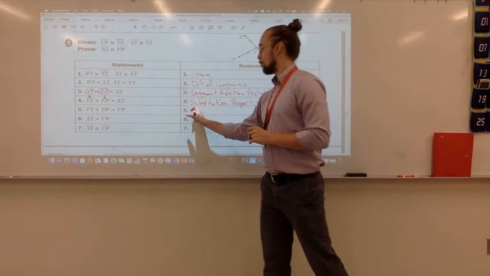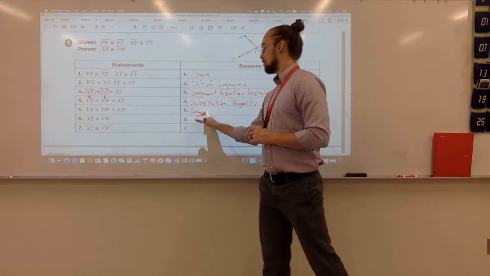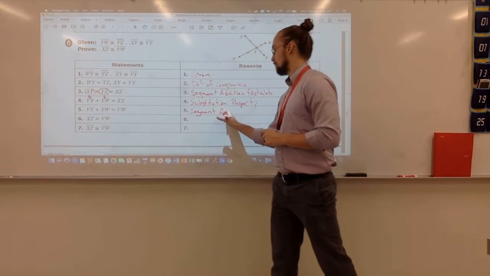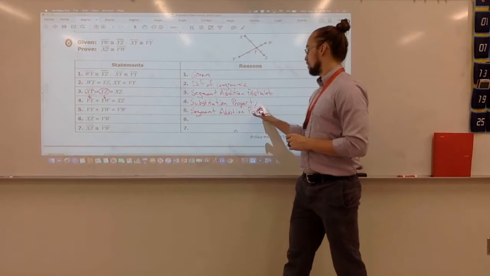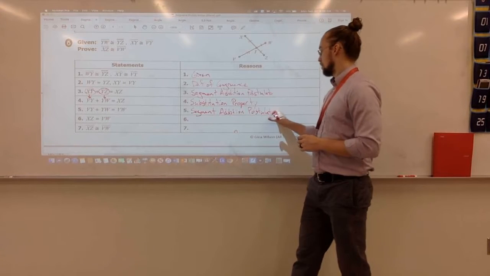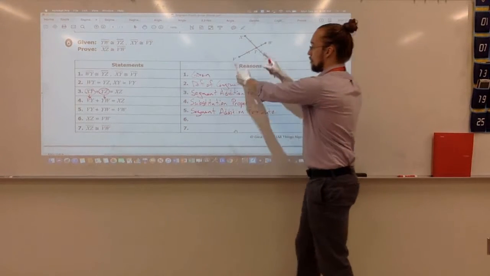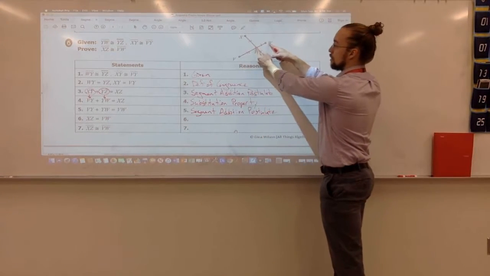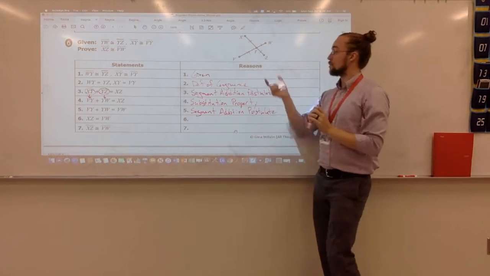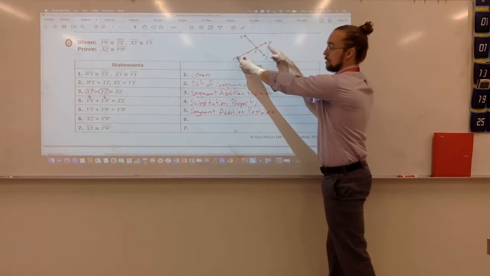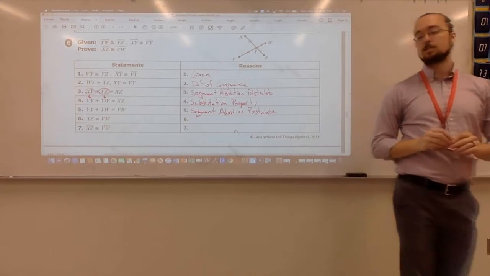So I think this one would be segment addition again. If we look at this statement, it says VY plus YW equals VW. So we're saying this piece plus this piece equals the whole thing. That's segment addition.